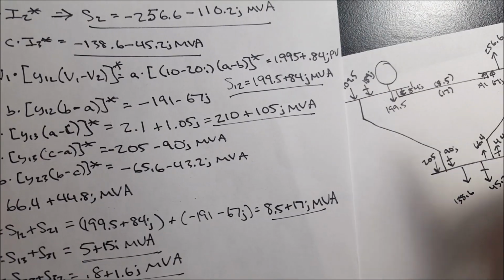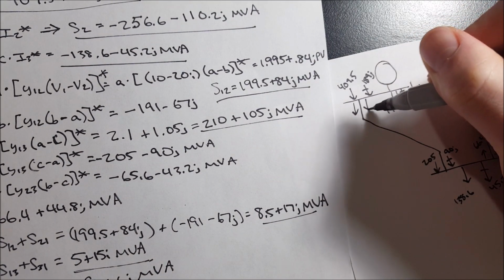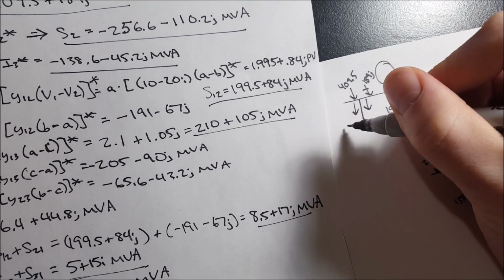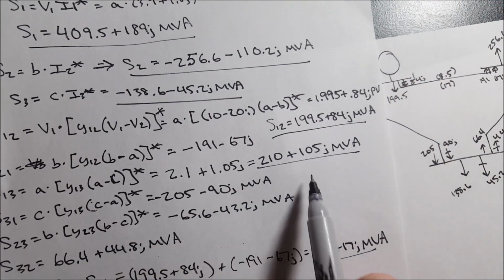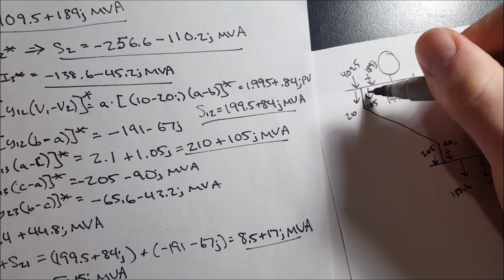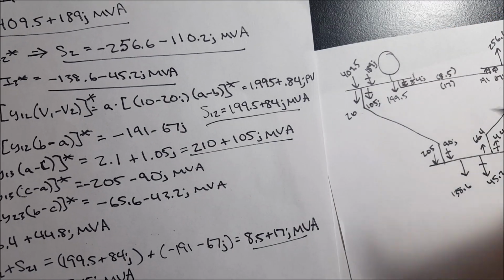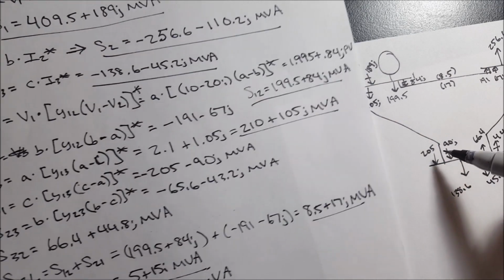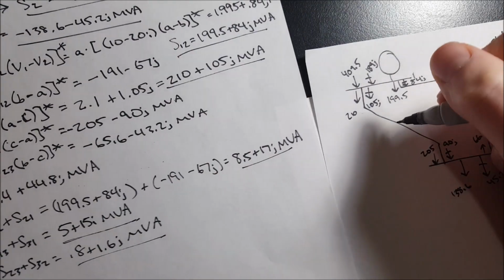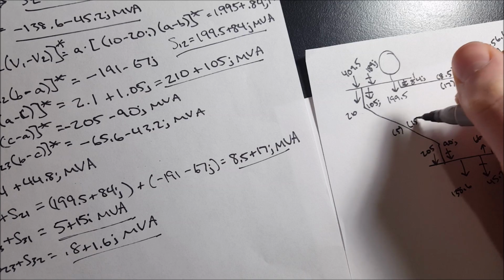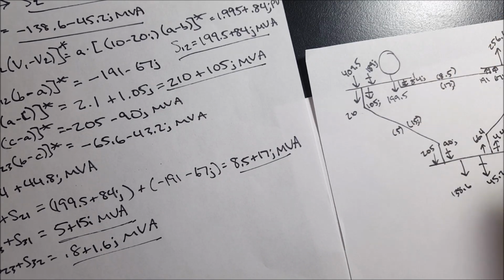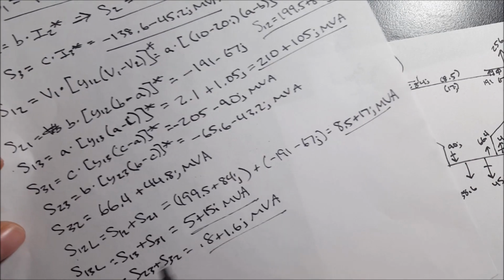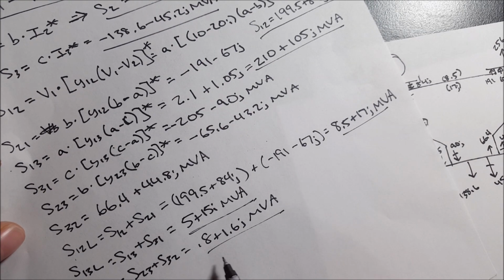They're both positive, so yep, they are going away. And we'd expect our loss to be 5 and 15, and it is 5 and 15. I will put a J there. And 2 to 3 is 0.8 and 1.6J.